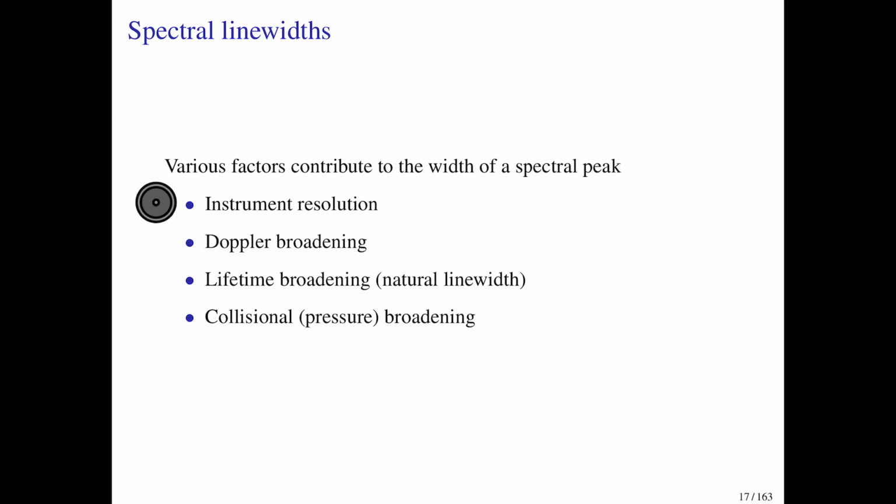If the instrument has poor resolution, then two nearby peaks cannot be distinguished from one another, and what you'll see is one doubly big peak. That will make the peak width appear larger than it actually is if you've got peaks that are merging together in the spectrum. We're going to focus on these other three broadening mechanisms here: Doppler broadening, lifetime broadening, and collisional broadening.